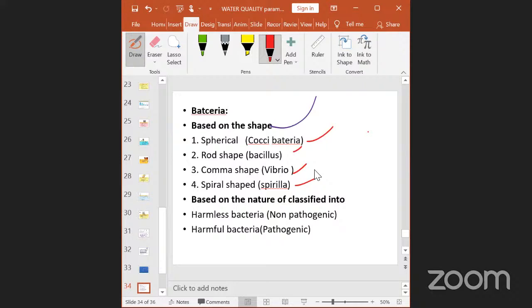Spherical shape is also called cocci bacteria. Rod-shaped bacteria are also called bacillus.